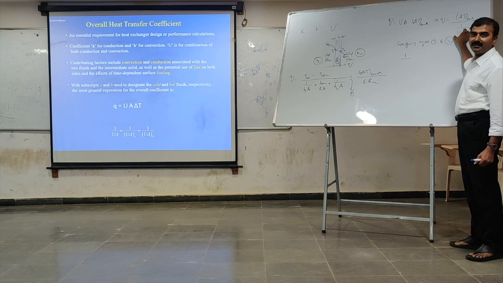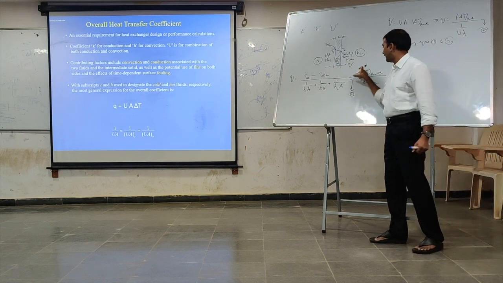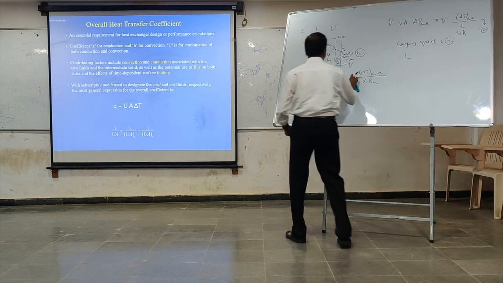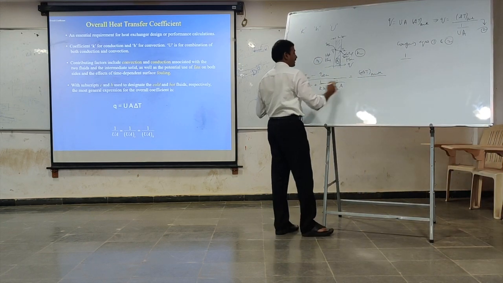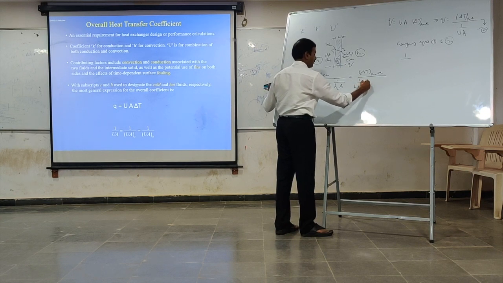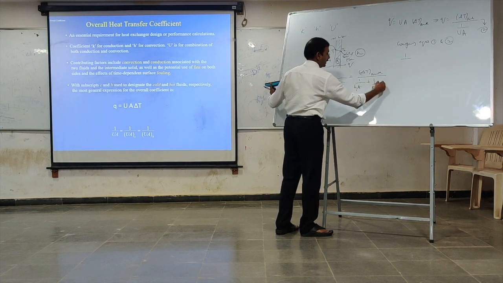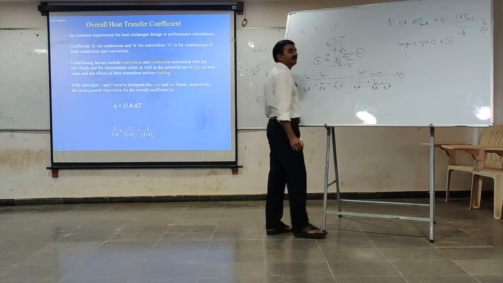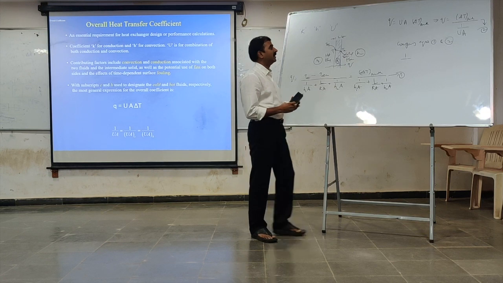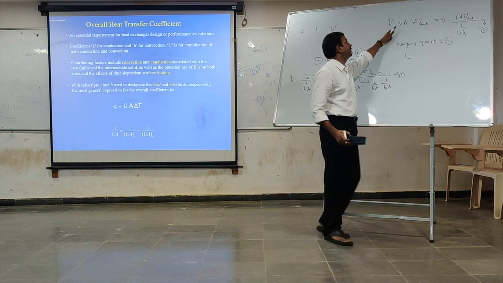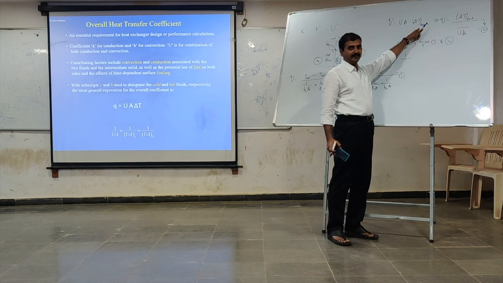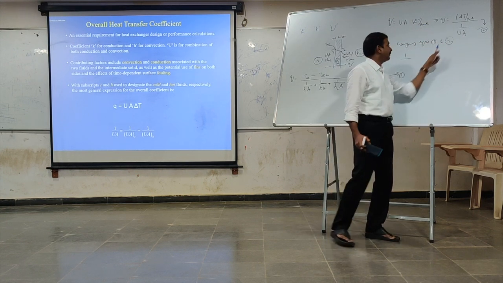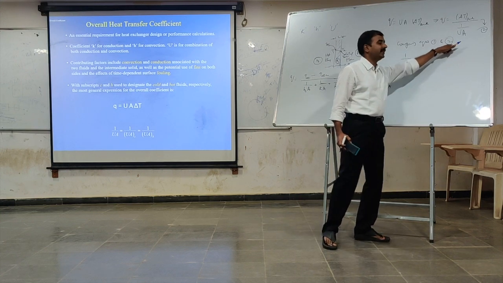Let me write the entire equation one more time. Q is equal to delta T divided by 1 by H1A plus L by KA plus 1 by H2A. This is equation number 1. And now I am defining U as Q is equal to UA delta T. This is my overall heat transfer coefficient, and I am rewriting this as equation 2. Now compare equation 1 and equation 2.